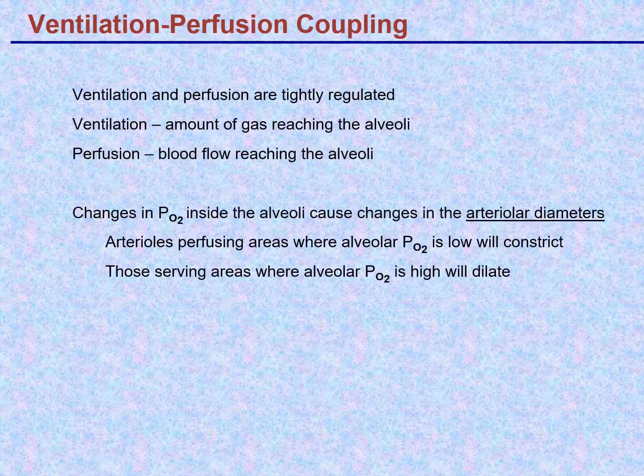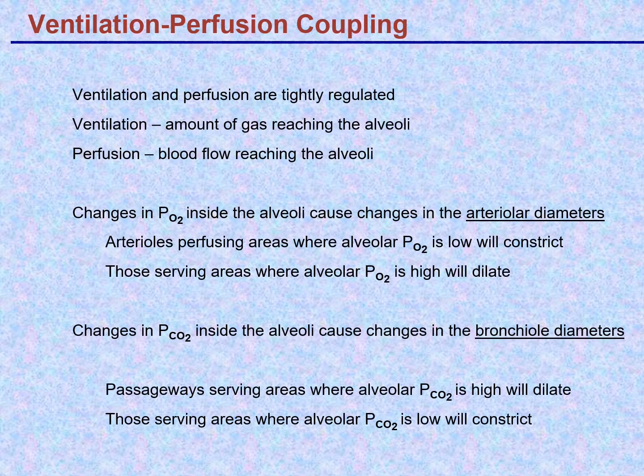Okay, let's talk about the second major factor that controls external respiration. That's ventilation perfusion coupling. Both ventilation, which means movement of air into the lungs, and perfusion, which is movement of blood through the lung vasculature, through the capillaries surrounding the alveoli, are tightly regulated relative to each other.